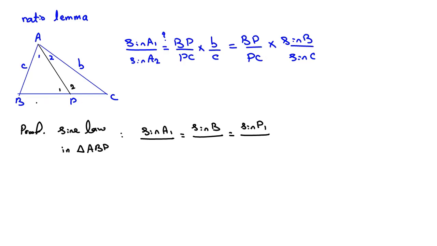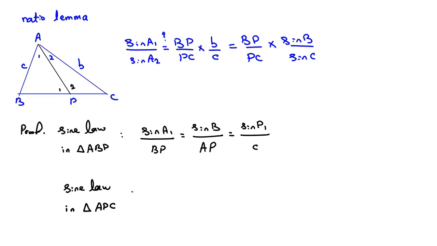So sine A1 sees what side? BP. Sine B sees what side? AP. Sine P1 sees what side? AB, or c.